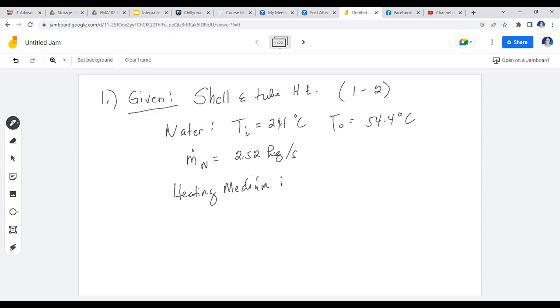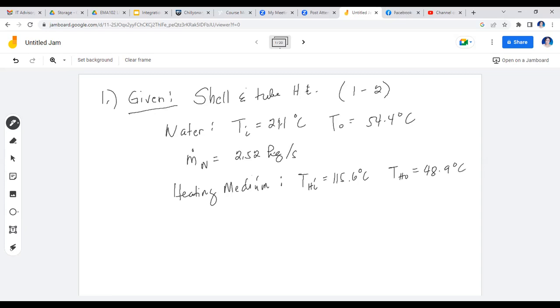So your heating medium enters at this temperature. I will have this now as the hot water. So inlet temperature is 115.6 degrees Celsius and its outlet temperature is 48.9 degrees Celsius.